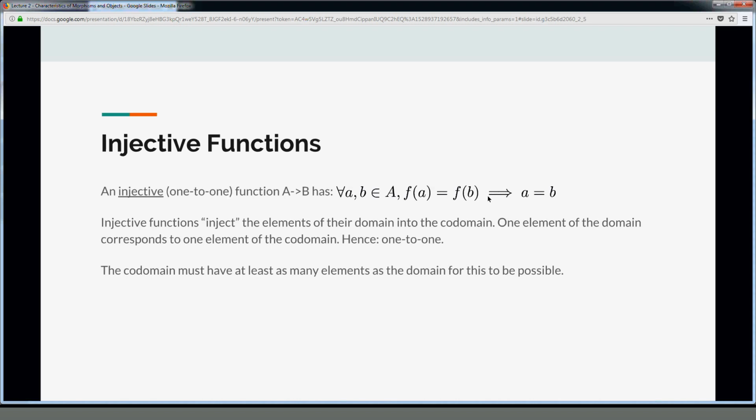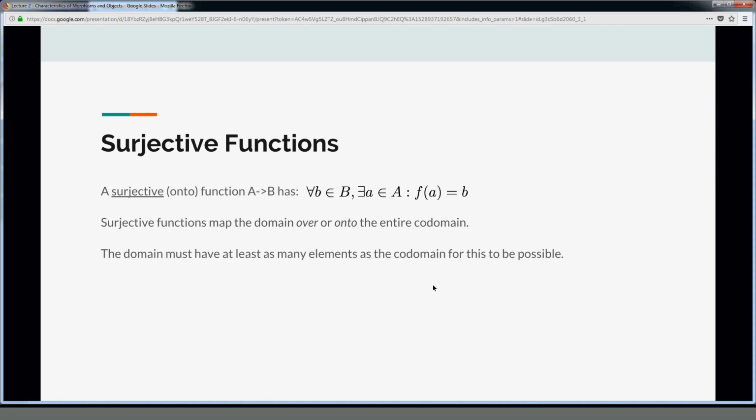Now, I could have written a 2-way implication here, but the other way around, if 2 elements are equal in the domain, then they have to map to the same thing in the codomain. That's actually a requirement of functions in general. So I just wrote it as a 1-way implication here. And obviously, for this to even be possible, the codomain has to have at least as many elements as the domain. Otherwise, there's going to be an overlap, a duplication.